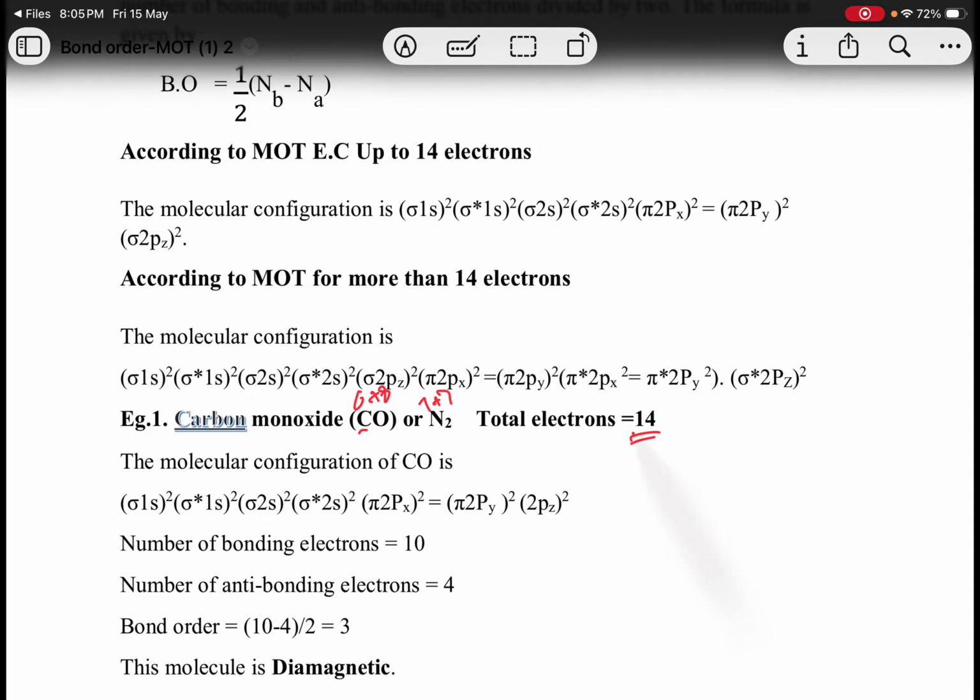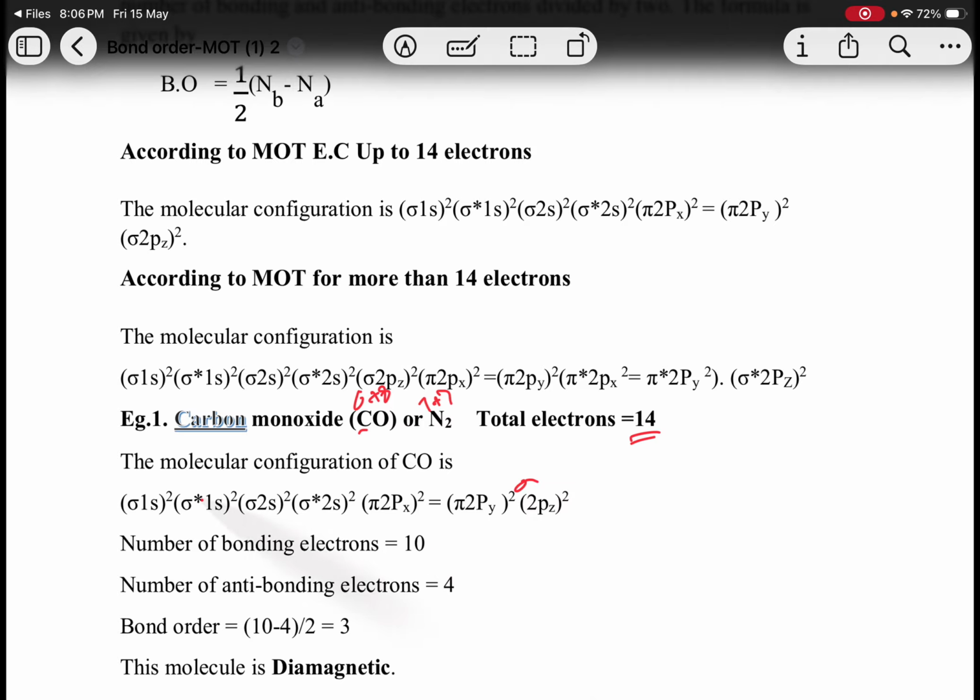For 14 electrons, the molecular configuration is sigma 1s2, sigma star 1s2, sigma 2s2, sigma star 2s2, pi 2px and pi 2py with 4 electrons, then sigma 2pz2. Here the number of bonding electrons is 10, that is, those without a star mark. So bonding electrons are 10.